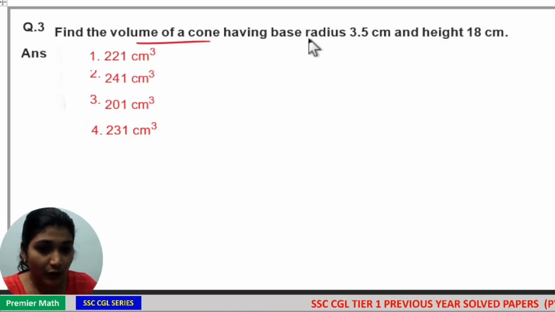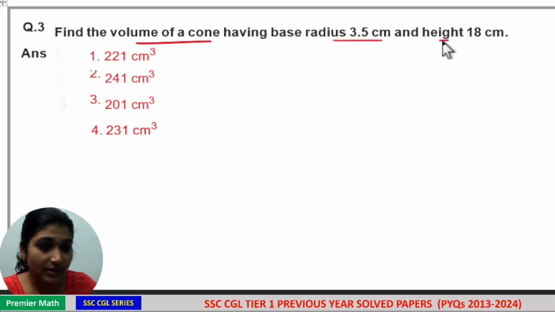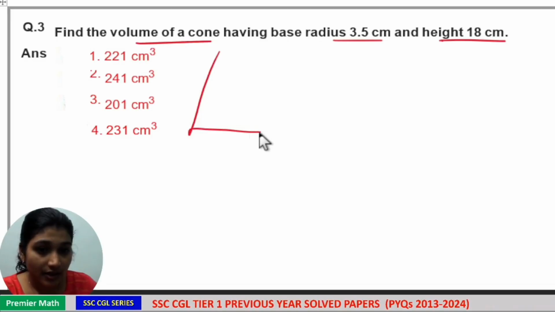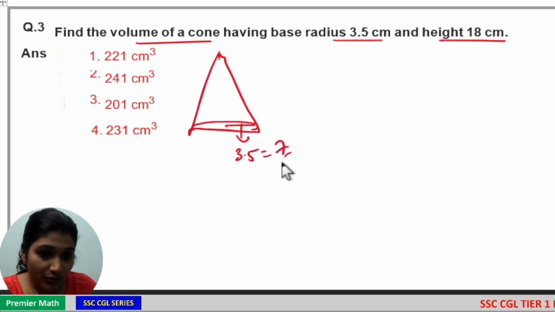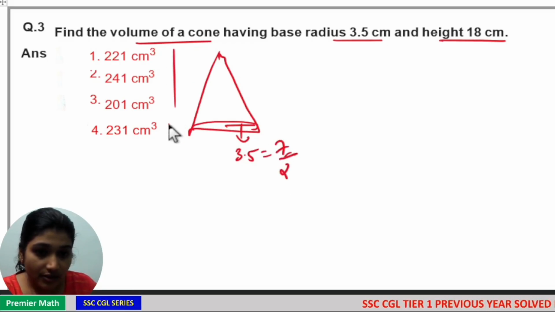Find the volume of the cone having base radius 3.5 centimeter and height 18 centimeter. Here radius is 3.5 centimeter, which is equal to 7 by 2, and height is equal to 18 centimeter.